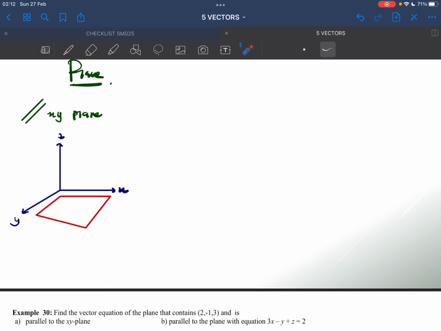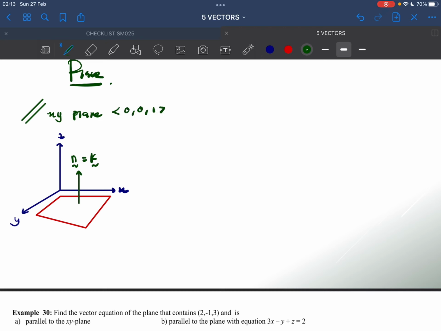So what we know from here is that the normal to this plane is k only, because you know that this direction is k. So the normal for a plane that is parallel to the xy plane is n equals k, or we can write it as the vector 0, 0, 1.